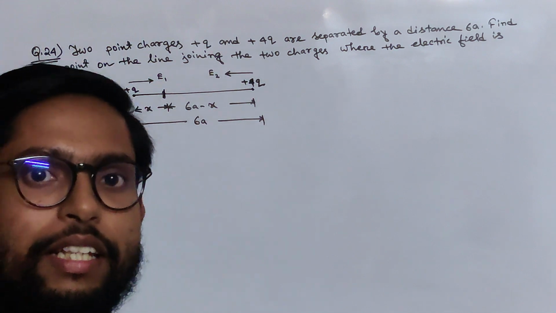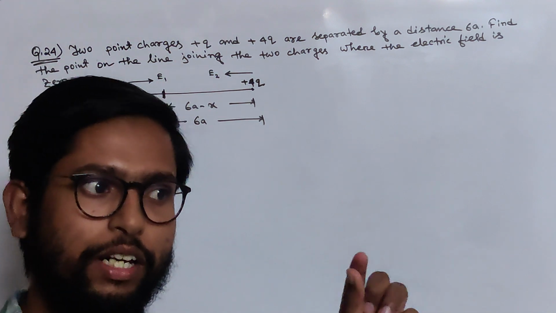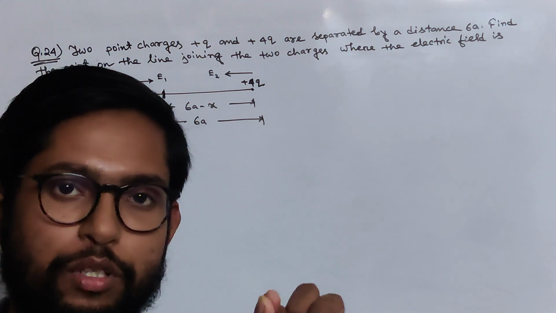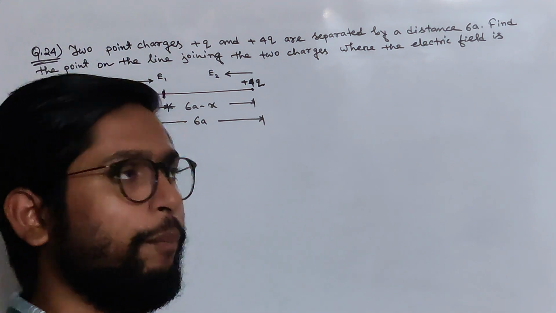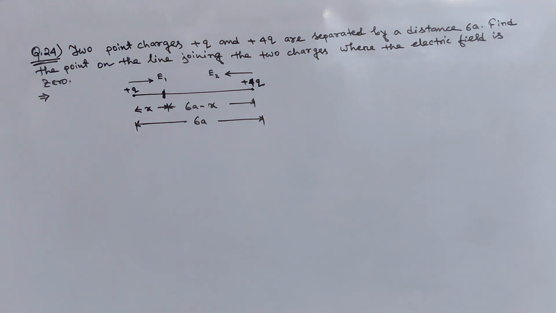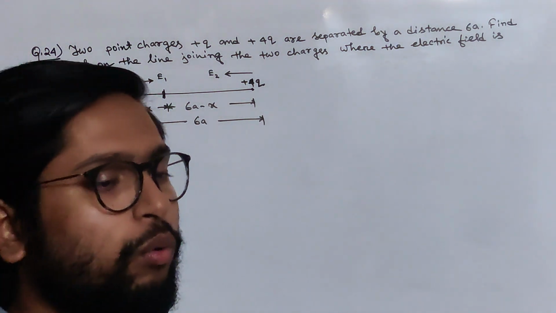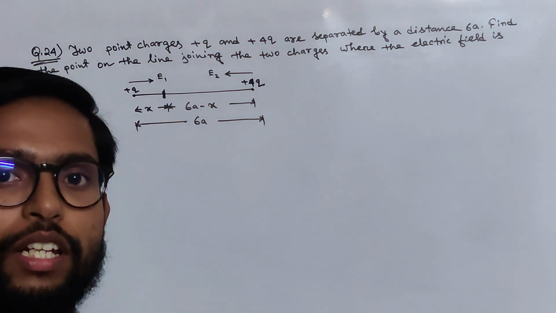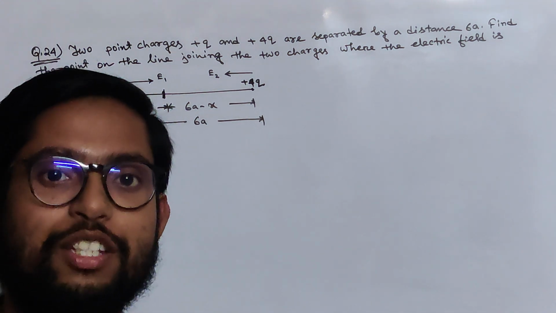That's why the effects of E1 and E2 will nullify each other, and at a particular position the net electric field will be 0. And this point will be near to plus q. Why will it be near to plus q? Because we know the electric field is inversely proportional to the square of the distance and directly proportional to the charge.